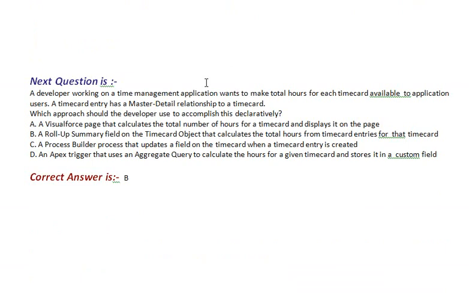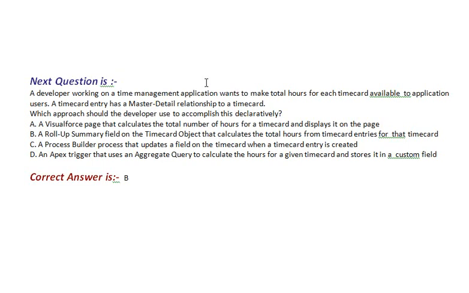Our next question is, a developer working on a time management application wants to make total hours for each time card available to application users. A time card entry has a master detail relationship to a time card. Which approach should the developer use to accomplish this declaratively? Option A, a Visualforce page that calculates the total number of hours for a time card and displays it on the page.